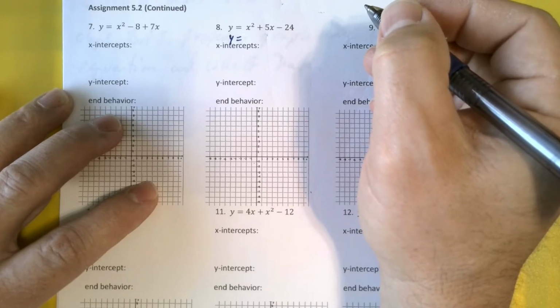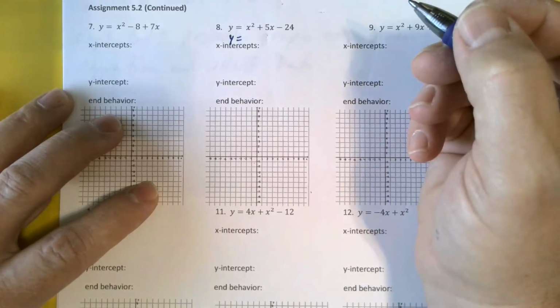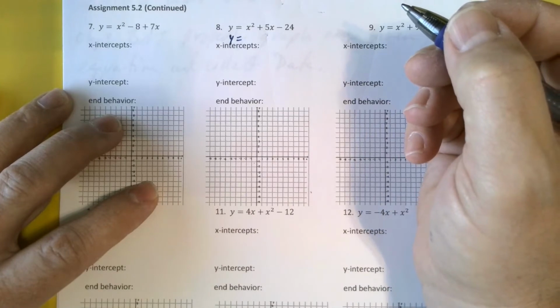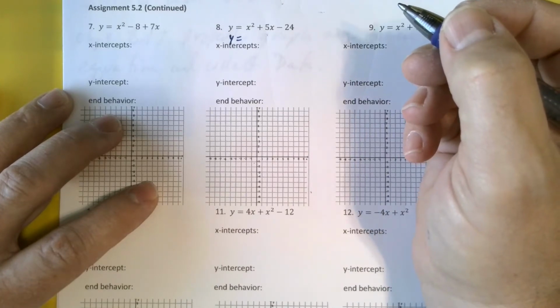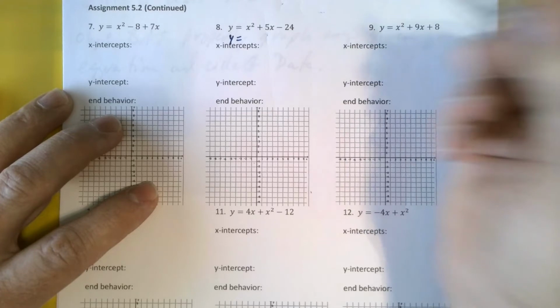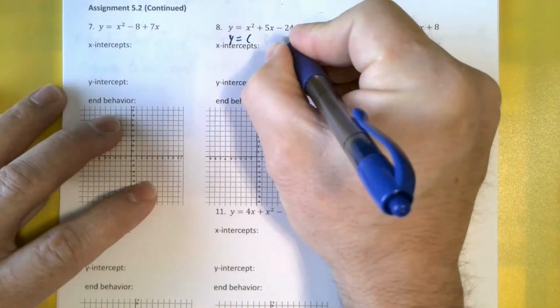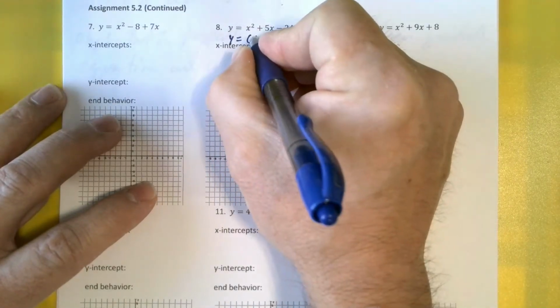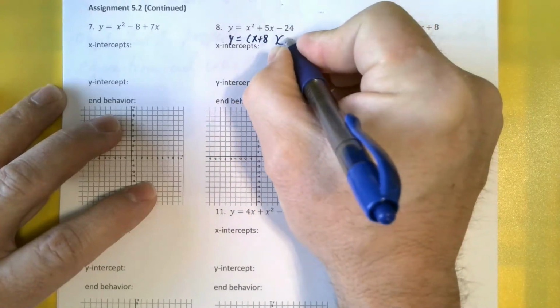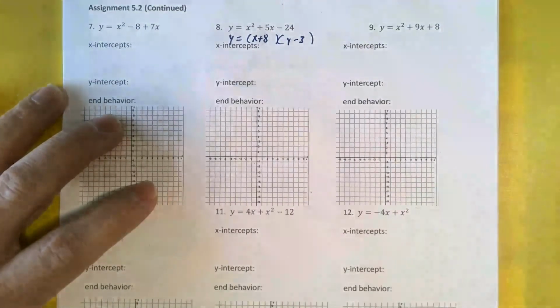Nobody can factor that? Okay, well then I guess I'll just factor it myself. So I believe it's going to factor into (x + 8) and (x - 3).